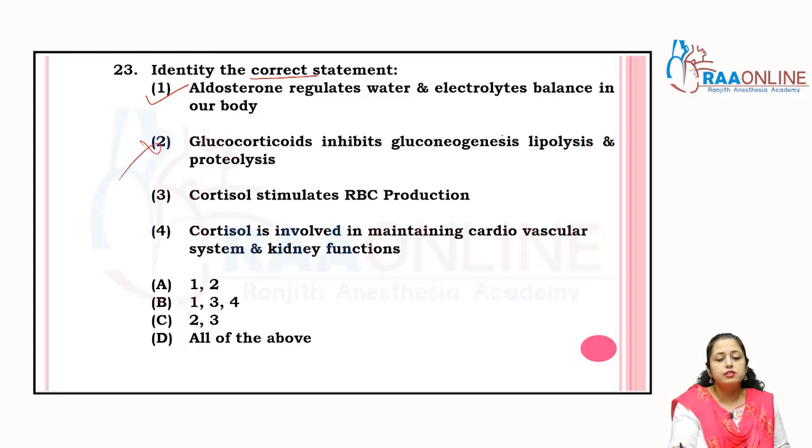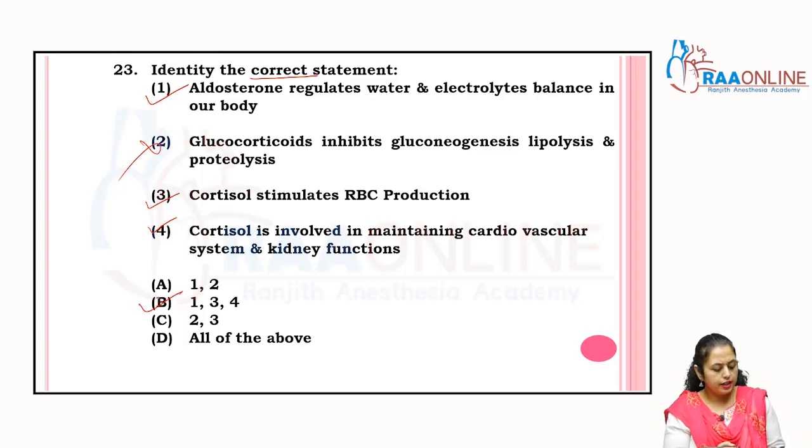It actually increases the gluconeogenesis, right? Then cortisol stimulates the RBC production, correct, right? Cortisol is involved in maintaining cardiovascular system and the kidney functions. Yes. So the answer is 134. Correct answer, that is Bombay. Right?